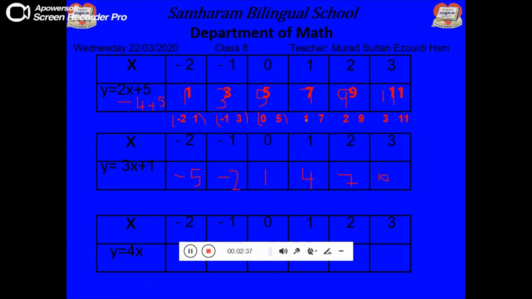Then 1, 7, and so on. I will just put brackets: 1, 7, and 2, 9. Why? Because x equals 2 and y equals 9. And the last point of coordinates is 3, 11. Don't forget the comma.